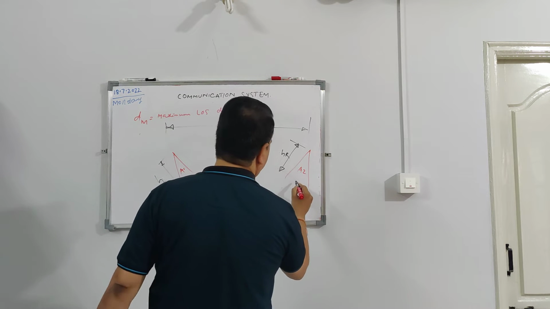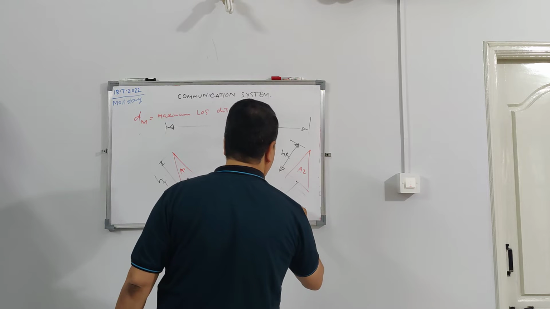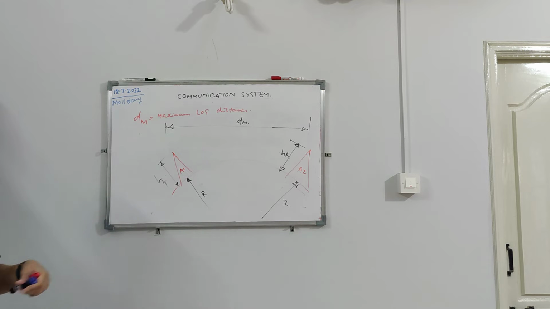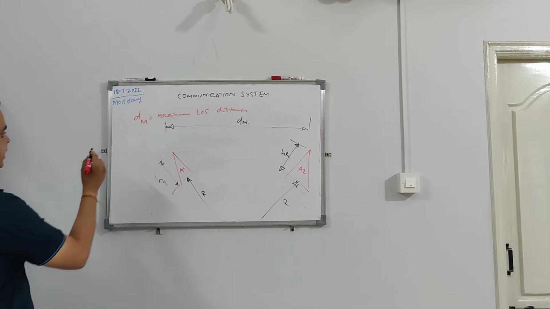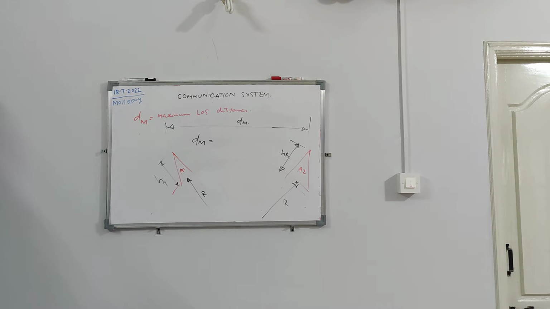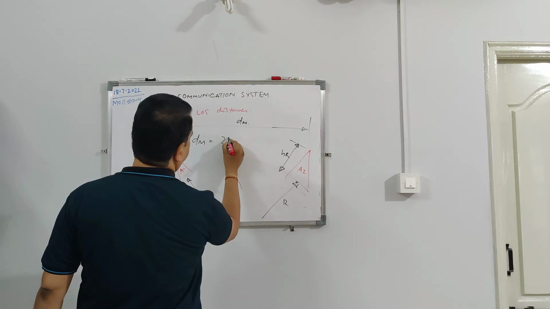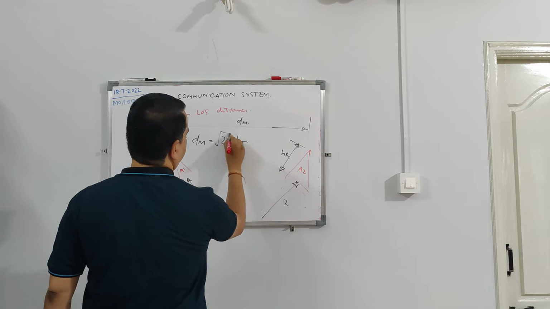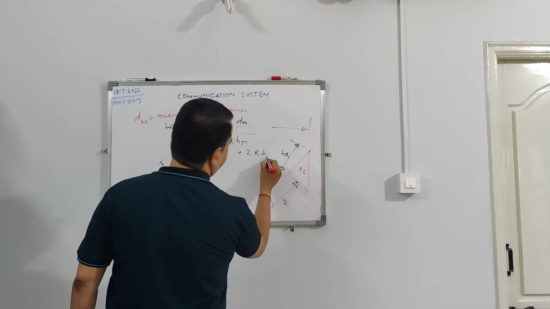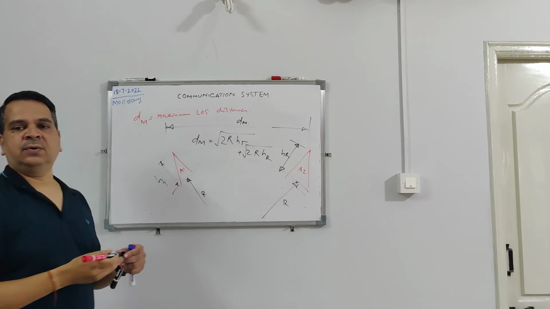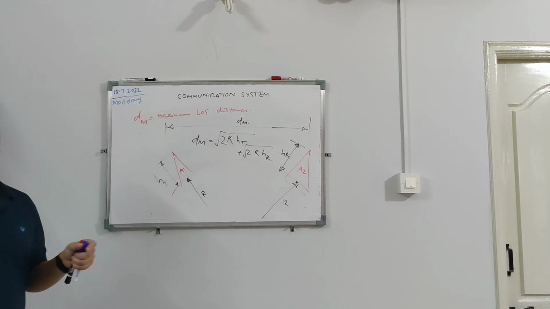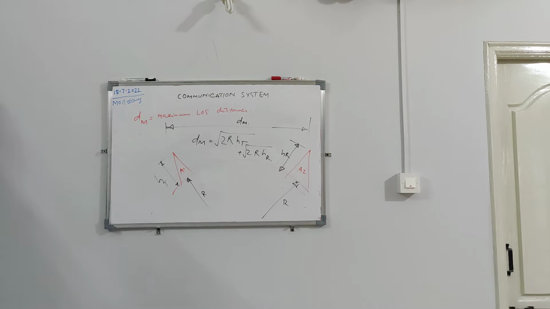The radius of earth remains constant throughout. So the formula for DM is equal to the square root of 2 r HT plus the square root of 2 r HR, on the receiving side. This is the maximum distance it can travel.